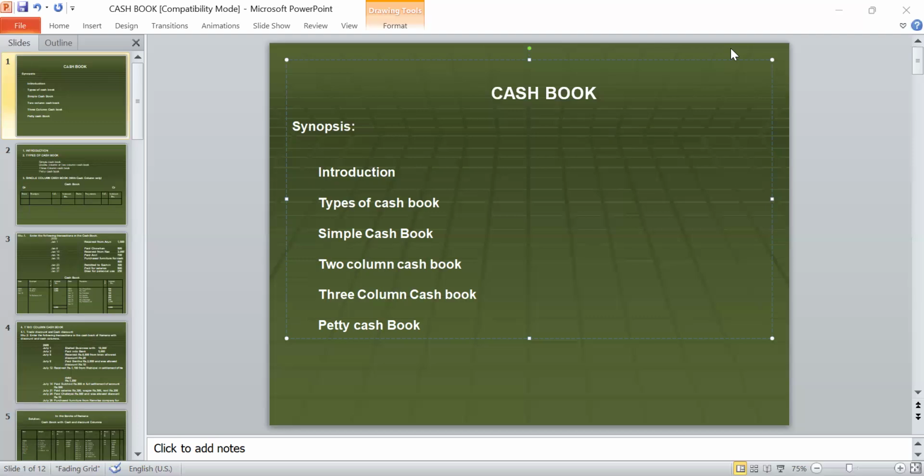Actually, subsidiary books are divided into 8 categories: purchase book, purchase return, sales book, sales return, bills payable, bills receivable, cash book, and journal proper. So the cash book is also one kind of subsidiary book.